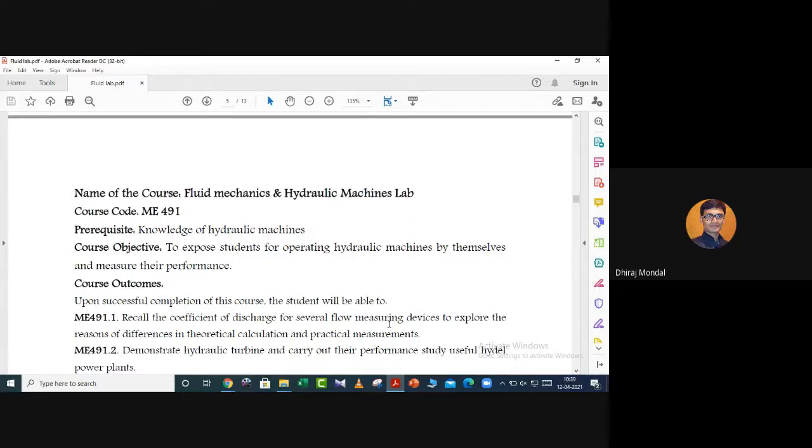Remember, if you come to college, you will be benefited. Otherwise you will only get some theoretical concept of that practical fluid lab. In the lab, everything should be touched and you should perform the experiment by your own hand. So I am telling you again that if it is possible, you may come to college.